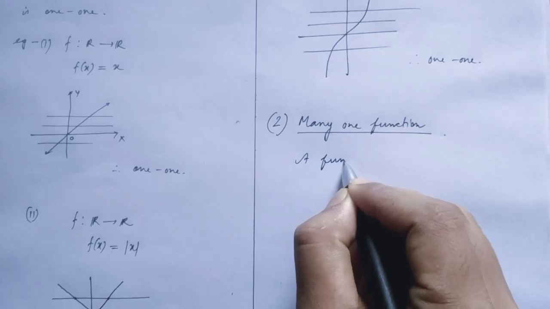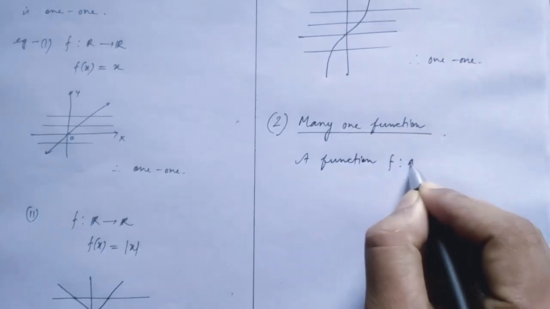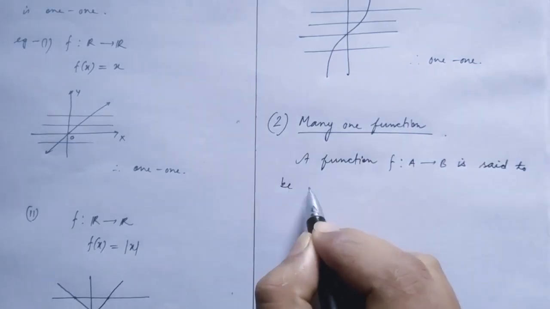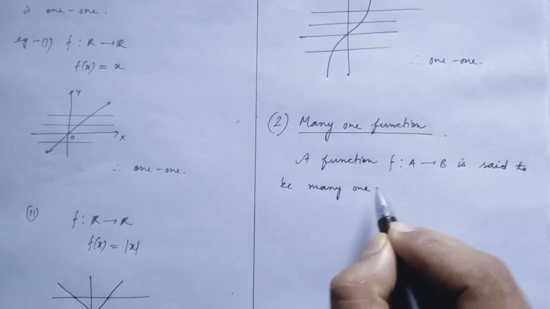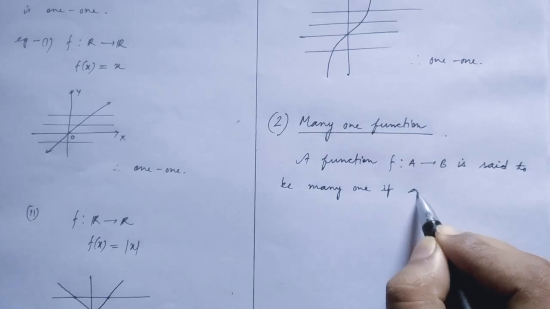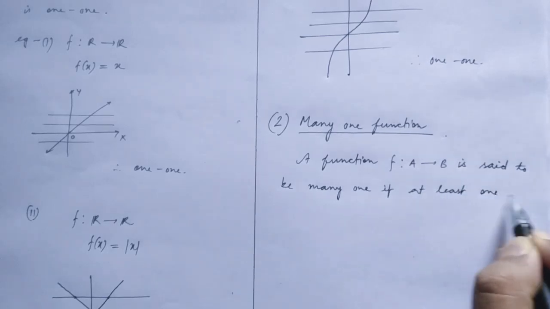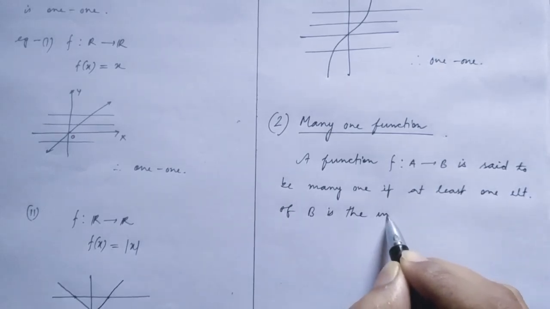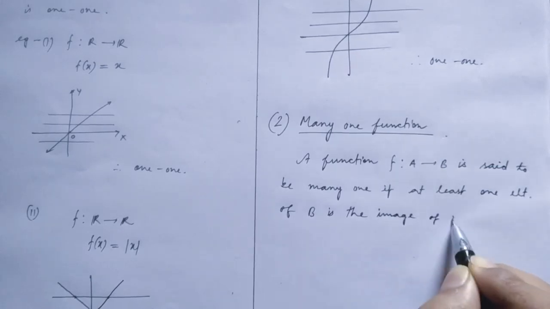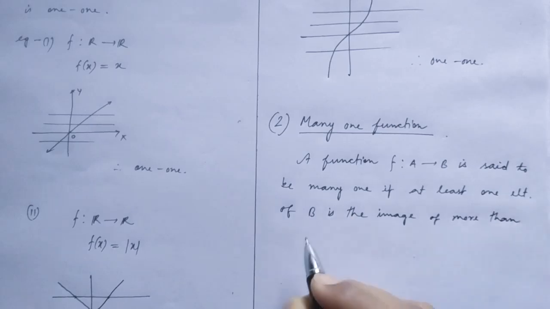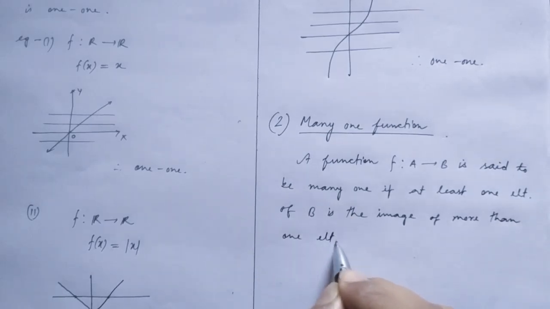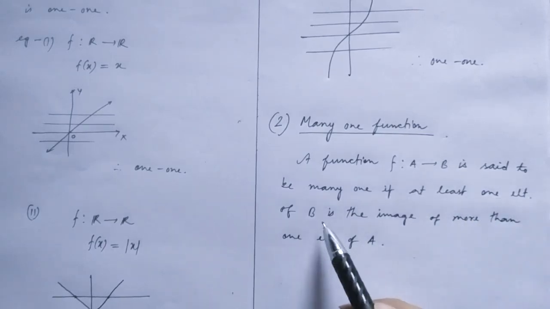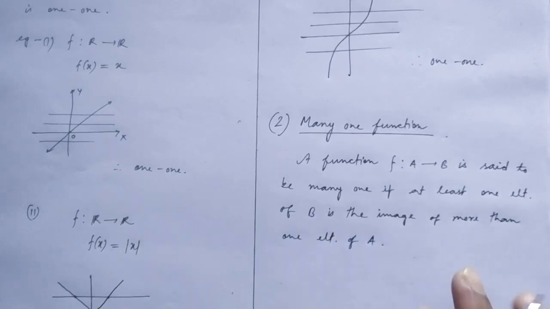A function f from A to B is said to be many-one if at least one element of B is the image of more than one element of A.